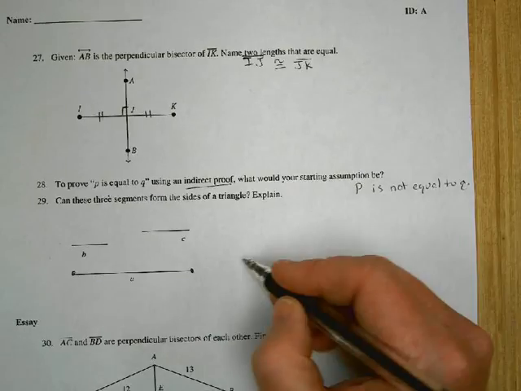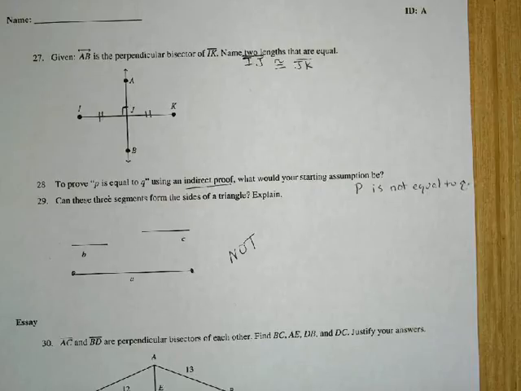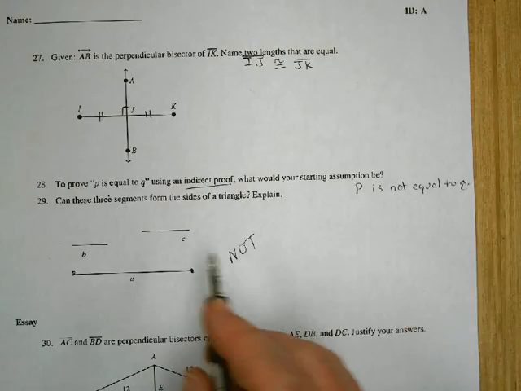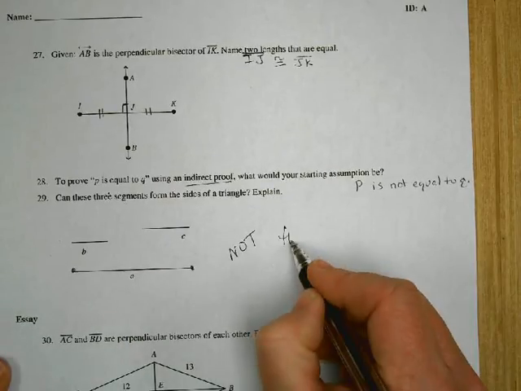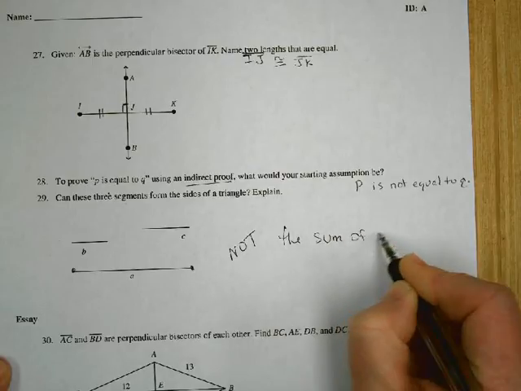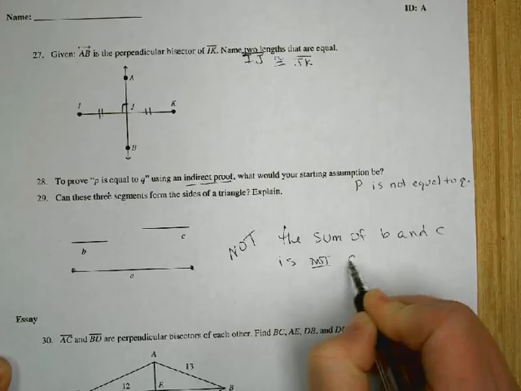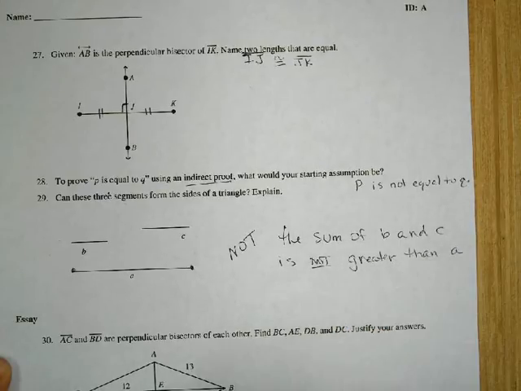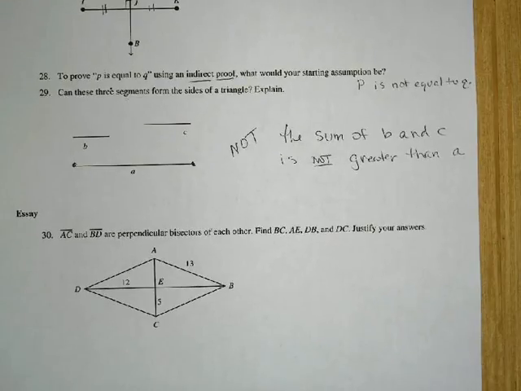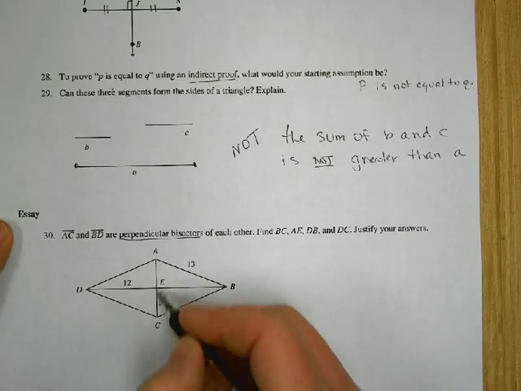So these cannot form a triangle because the sum of the lengths of the two segments B and C would not be greater than A.